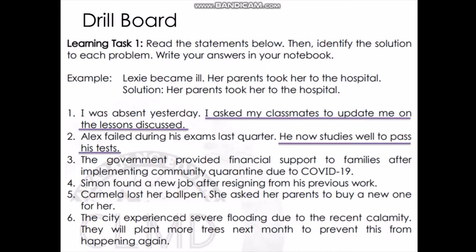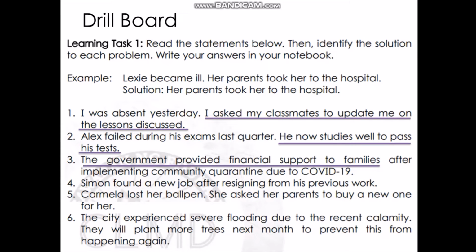Number 3. The government provided financial support to families after implementing community quarantine due to COVID-19. So, what is the solution? Time's up, boards up.